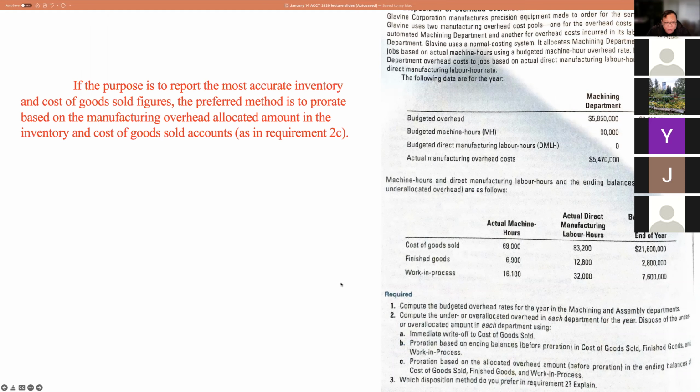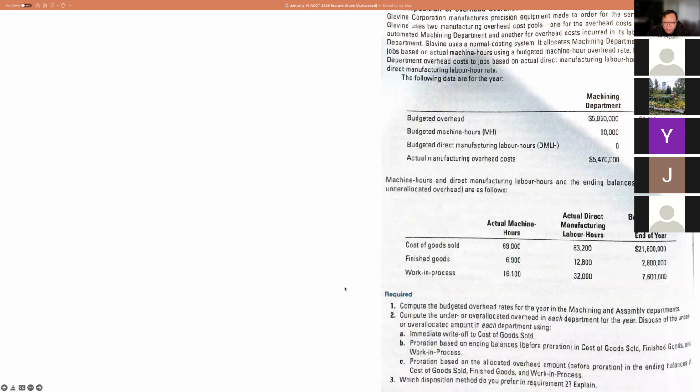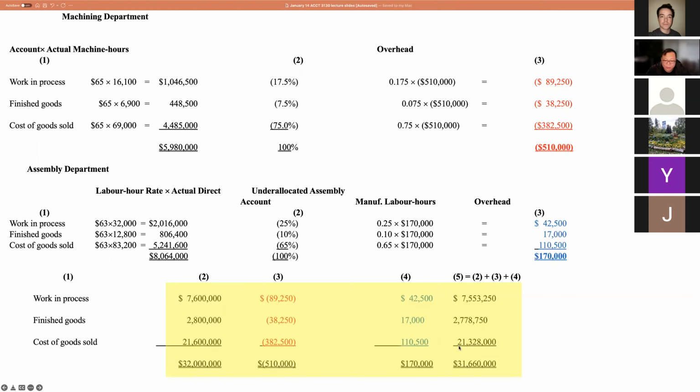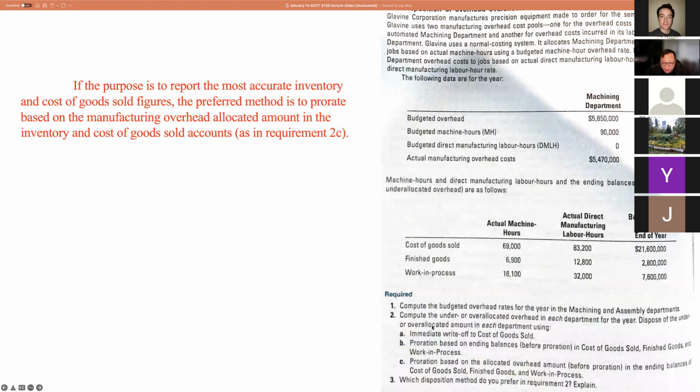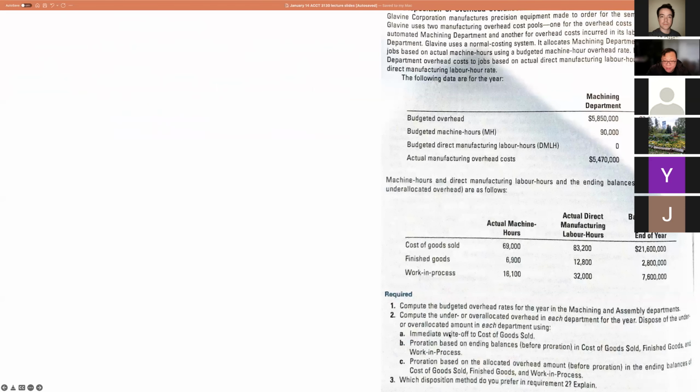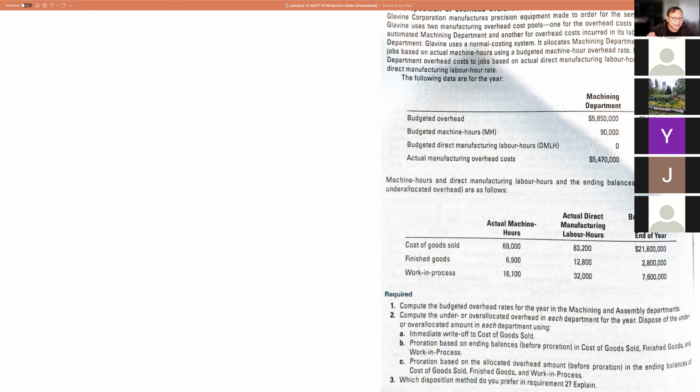The third question: which disposition method do you prefer in requirement 2, and explain. We have A, immediately write off. You just allocate 100% to cost of goods sold and 0% to the inventories.